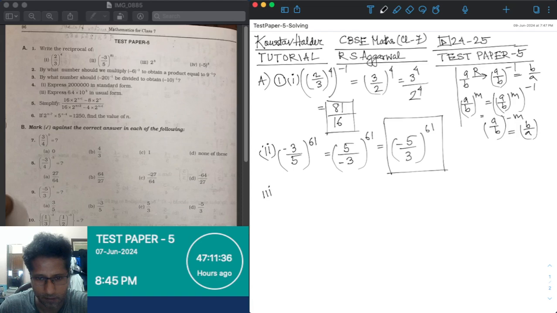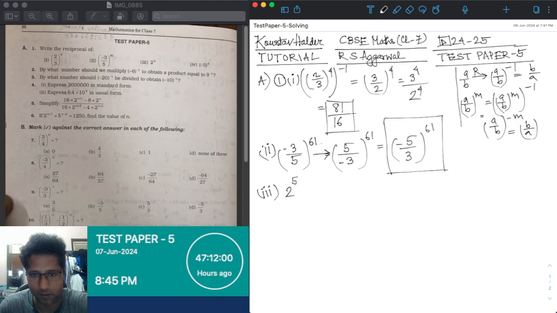So part 3. I should be able to complete the test when the timer shows roughly 17 minutes left. Let's see. So 2 to the power 5 now. This is not equals, this is reciprocal.